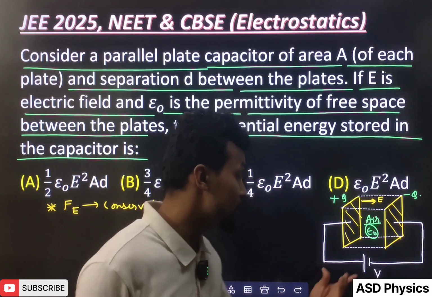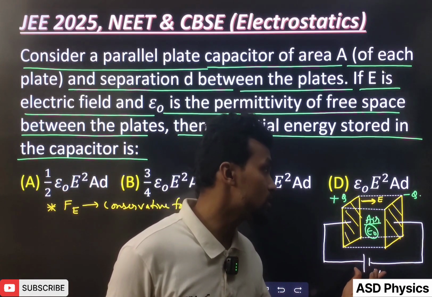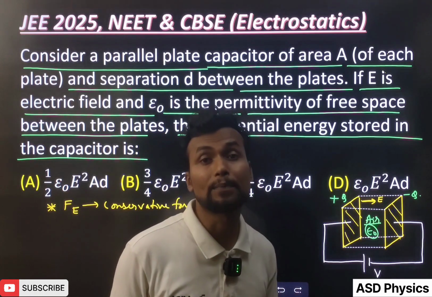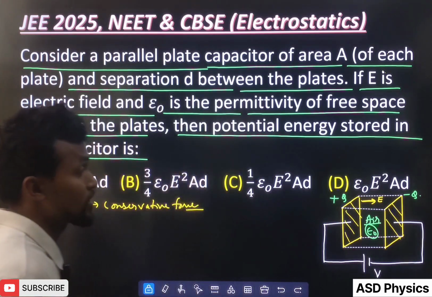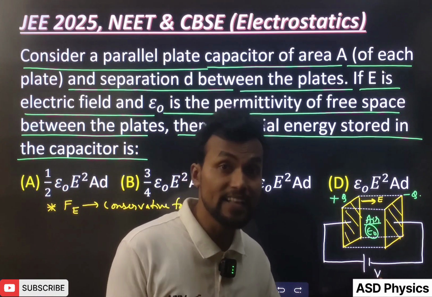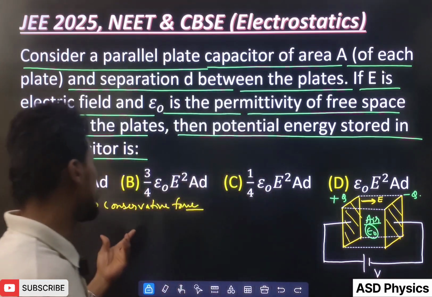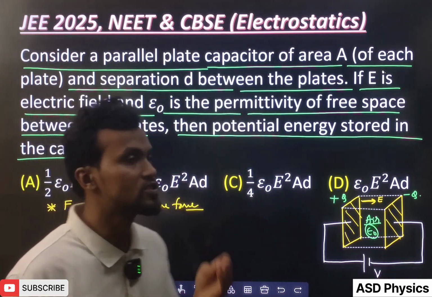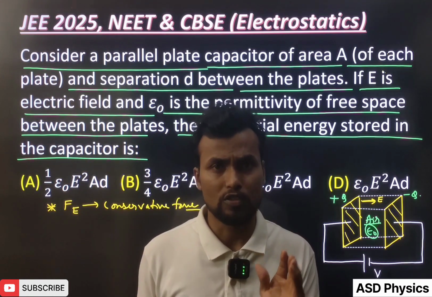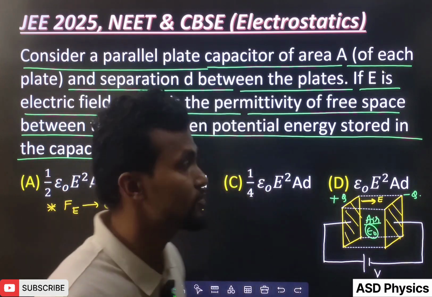Again, the work done by the battery will be stored in the capacitor as electrostatic potential energy, and this work is against the conservative force, because potential energy is applicable only for conservative forces, not for non-conservative forces like friction.